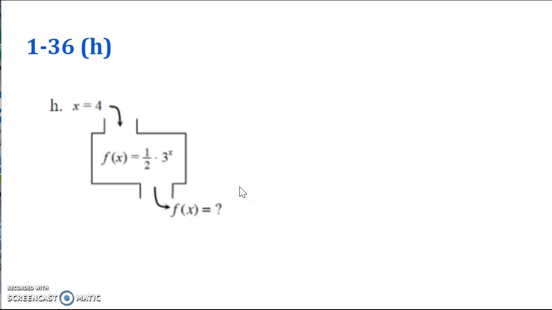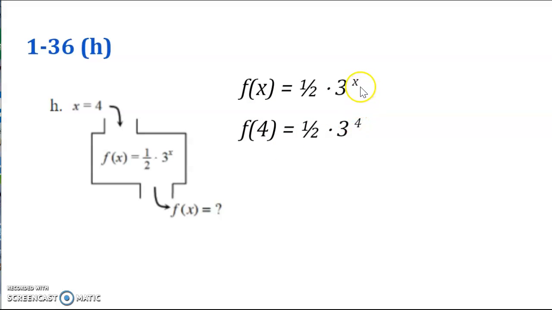Okay, let's go to 1-36h. Now this function f of x is half times 3 to the power of x. So I'm going to write it down first. And now this x is equal to 4 tells me that the input is 4. So we're looking for f of 4, which just means wherever I saw an x, I'm replacing it with 4. So that becomes half times 3 to the power of 4.